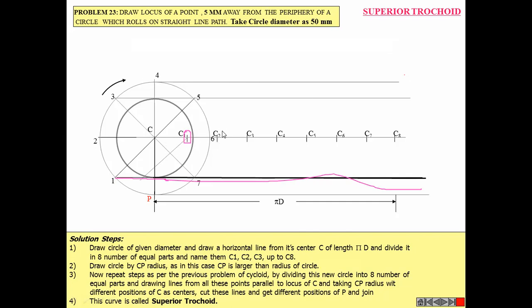Now with the same radius, the compass will be on C2 and the mark will be on the second line, C2 to second. That's why this naming is very important: 1 to 1, 2 to 2, 3 to 3. Since it is a horizontal line, you may not be able to see it. Otherwise, it will be somewhere here in this region. It is not visible right now.